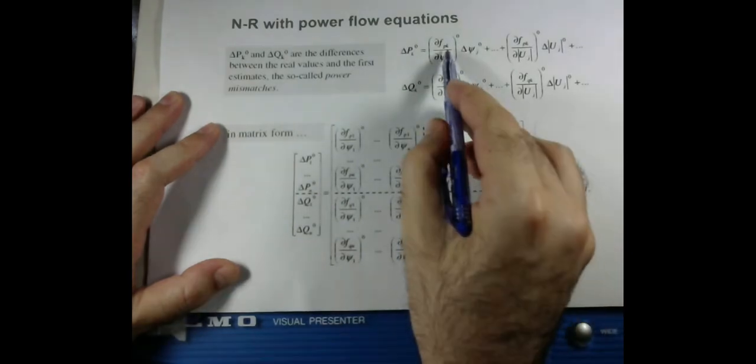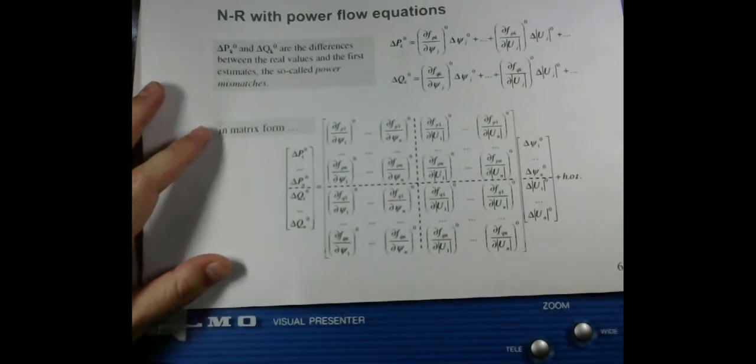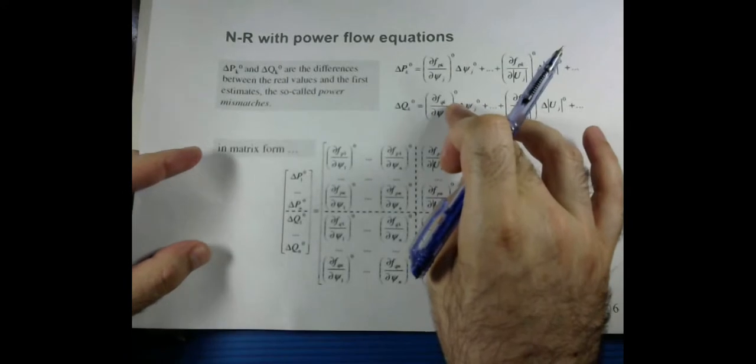Now I can even write these two expressions, a few terms of them, to make it clear to you. So let me write a few terms in the matrix form.